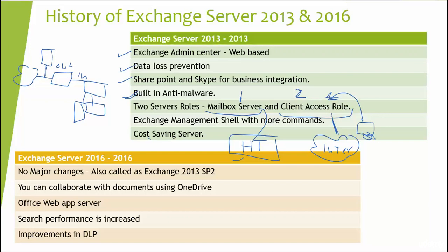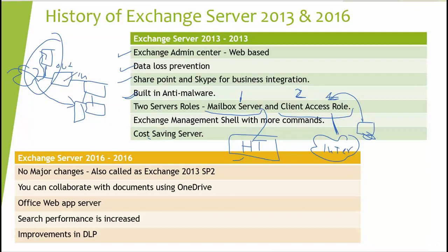So the main idea or the main goal behind making sure that the edge transport server is outside is just to make sure that whenever an email comes in, it comes to the edge transport. It's not directly going to the inside network.